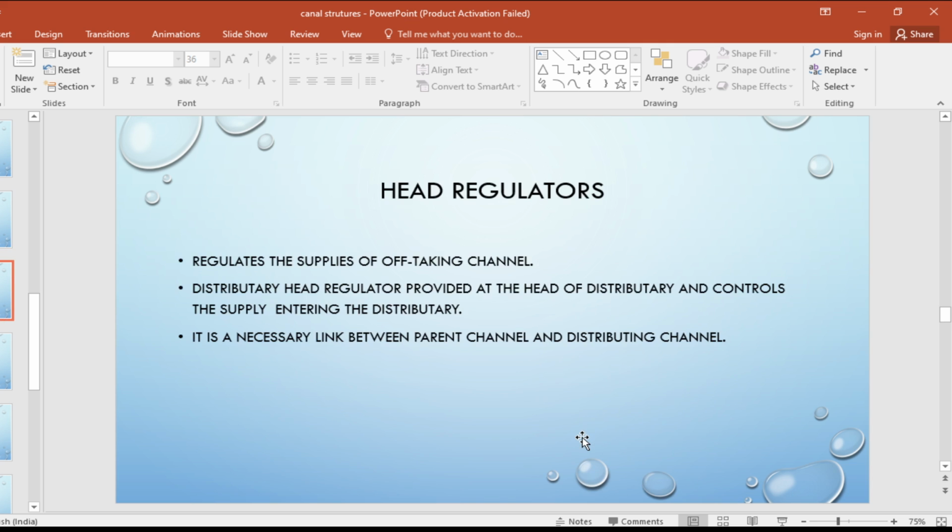Now we'll move further to the head regulators and cross regulators on the channels. First is head regulator. A head regulator and a cross regulator regulate the supply of the off-taking channel and the parent channel respectively.